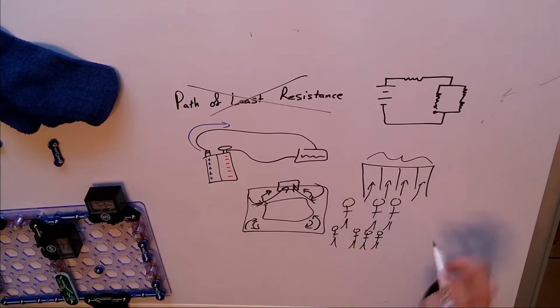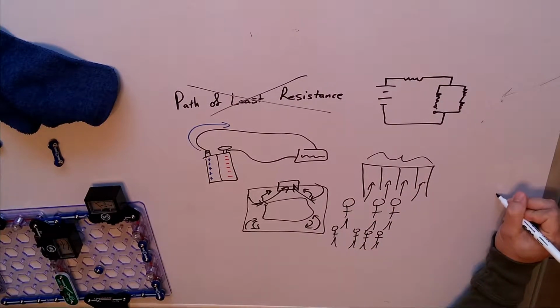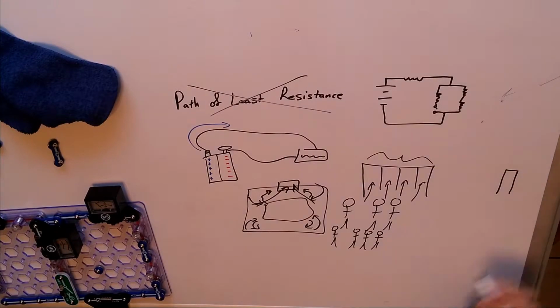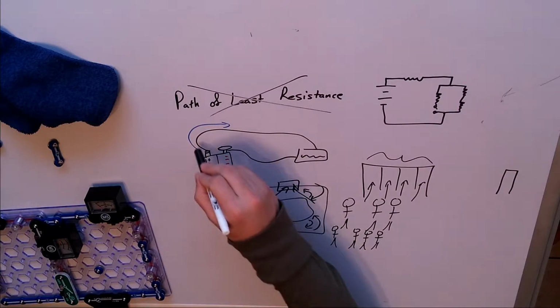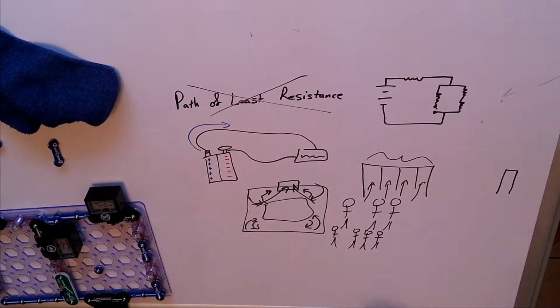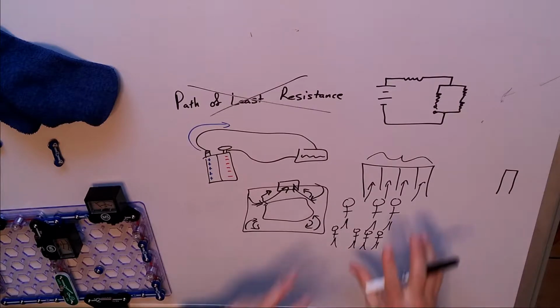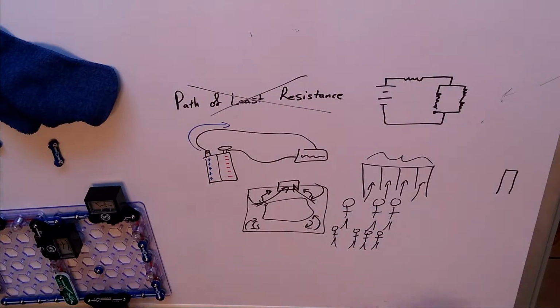Now this is 4 doors wide, so it's pretty easy to get through. What if, in addition to these 4 doors, maybe a little ways down the way, I opened up one other door? Now here's where the path of least resistance starts to fall apart, because path of least resistance, the way most people think about it is, oh, I'm going to go the easiest way. But remember, current is not just one thing. It's not one person. It's a bunch of charges.